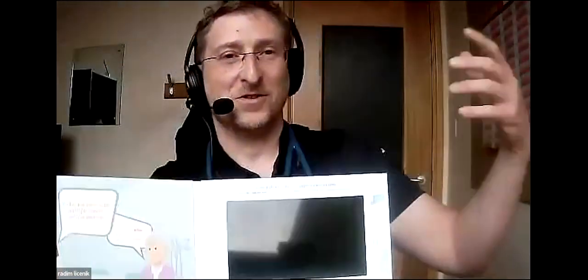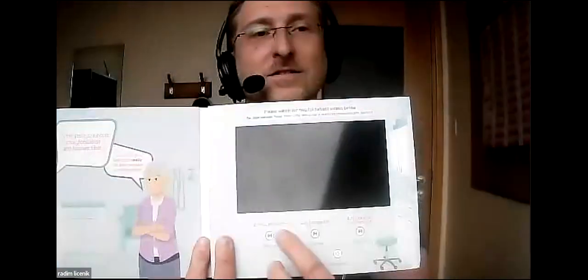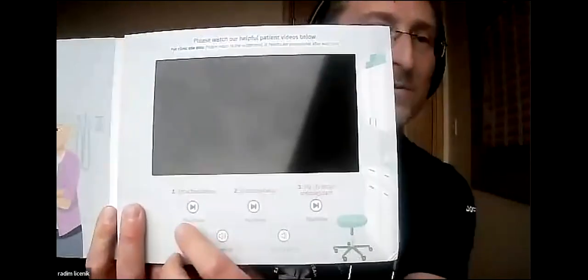I talk to the patient about some guidelines, and after I talk to them, so they've got the verbal information, I leave them with this. There's a story about three people who had a stroke and have atrial fibrillation. They need some anticoagulation and need to make an informed decision about the best choice.